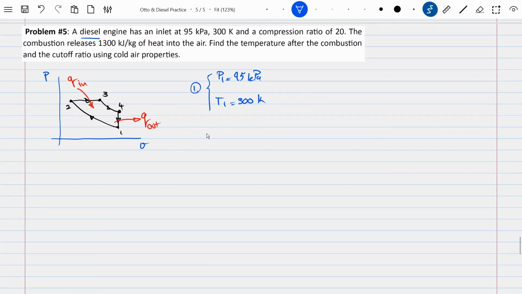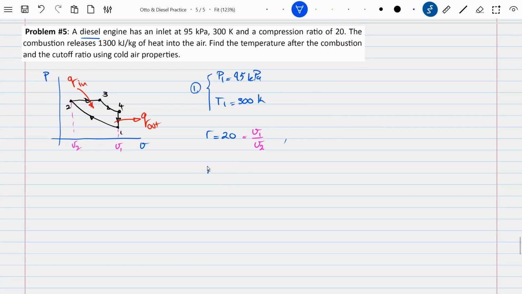I also know that the compression ratio R is 20. The compression ratio definition is exactly as before. This is V1 and this is V2, and the compression ratio is the ratio of V1 to V2. In the diesel engines, we have a new concept called the cutoff ratio, right?